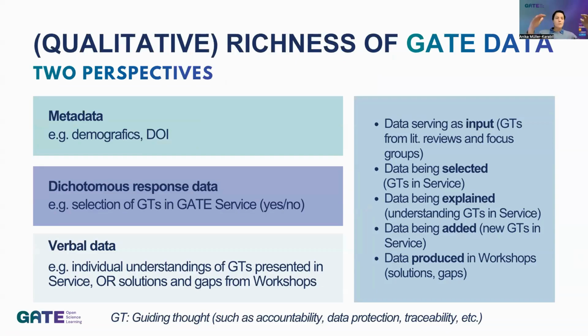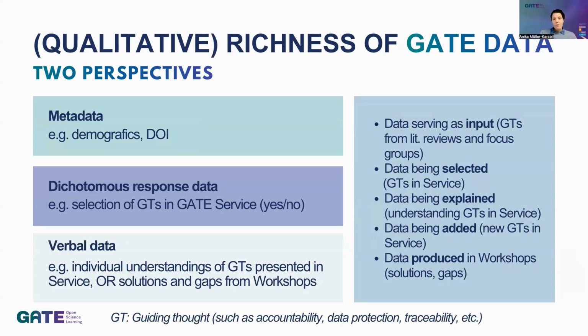Of course, we have the questionnaire that is giving us the structure of the data. And then you have metadata. So we have demographics, subjects, areas of interest, we have DOIs. That's not so difficult to structure.